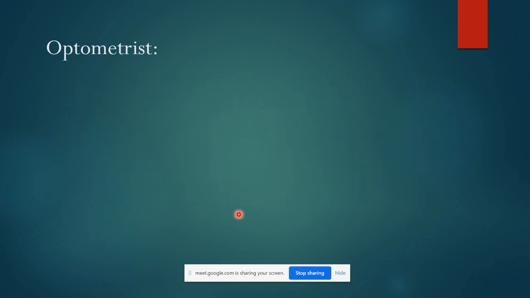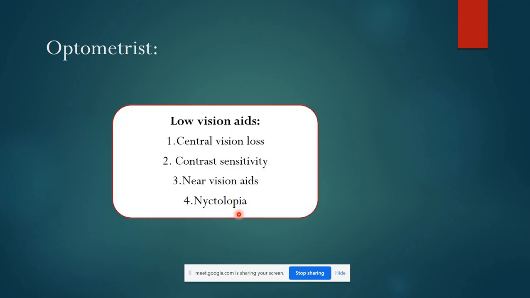Okay, as an optometrist, our role in this is that low vision aids are needed, and we have to make sure that they are able to do their ADLs and do their things for their own survival.